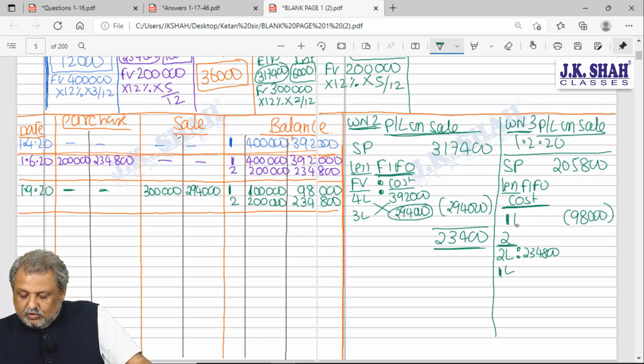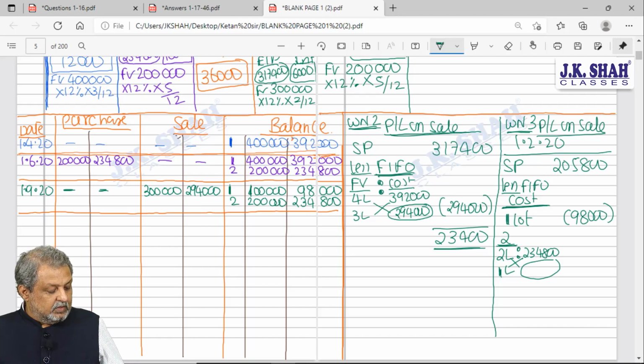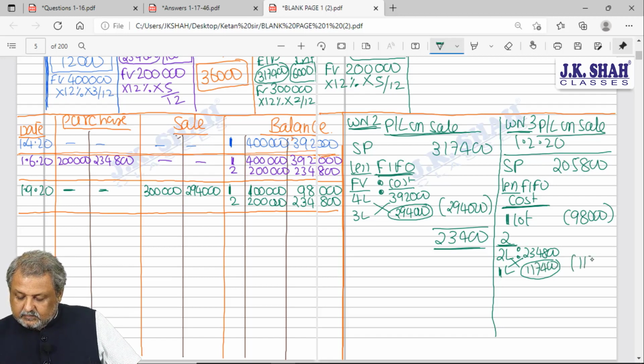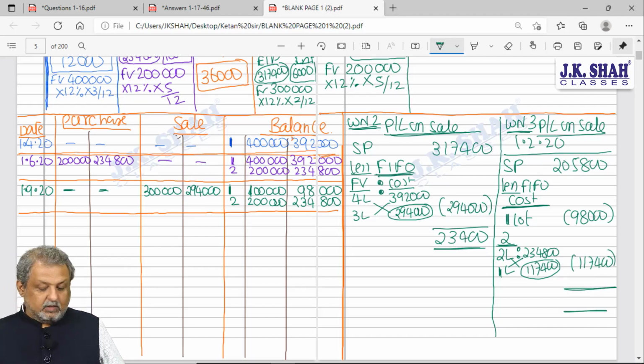Out of that first lot 1 lakh goes. So second lot 1 lakh will be how much? 1,17,400. So tell me, there is a loss on sale.